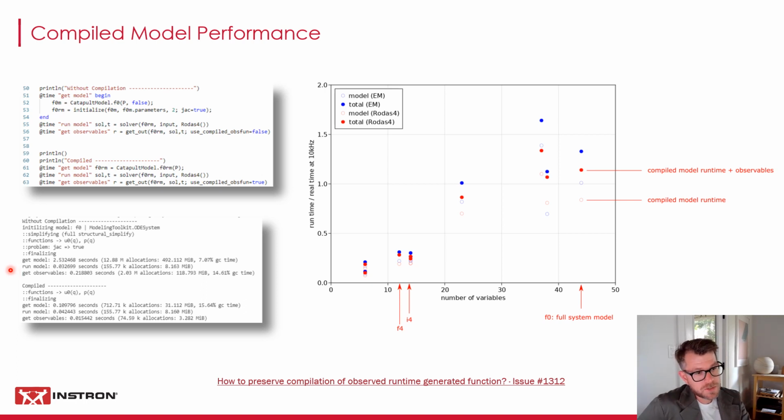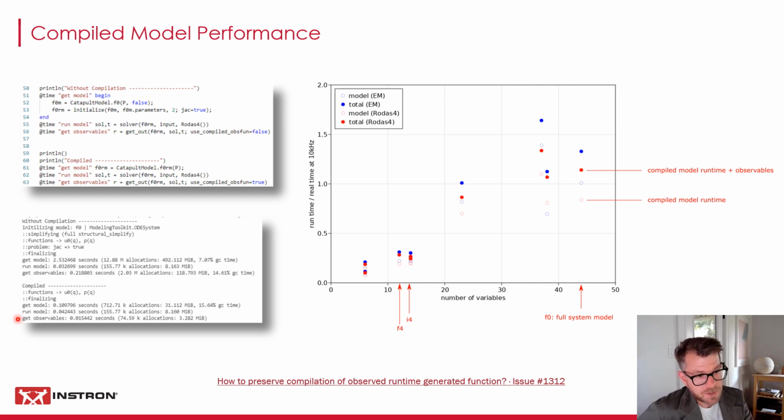Running the model is very fast, but then getting observables takes a significant amount of time. And I can't explain exactly why that is. It seems as if Julia having the functions in memory means that Julia needs to potentially recompile them. And I should note this code has already been pre-run in my active sessions at Julia, so everything here has had the opportunity to pre-compile.